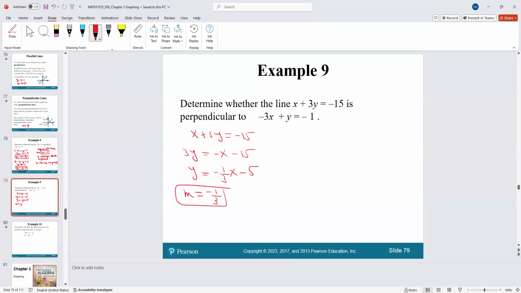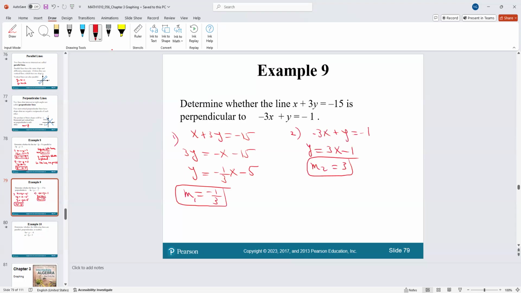I'm going to call it m1 for number one. For the second, we have negative 3x plus y equals negative 1. Adding 3x to both sides, y equals 3x minus 1. So m2 equals 3.